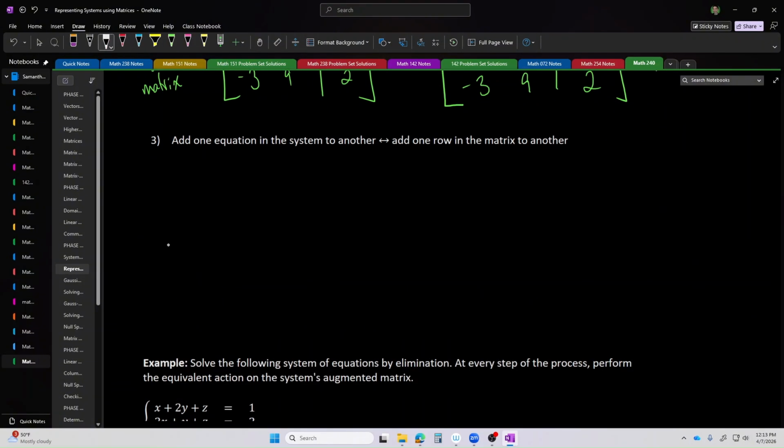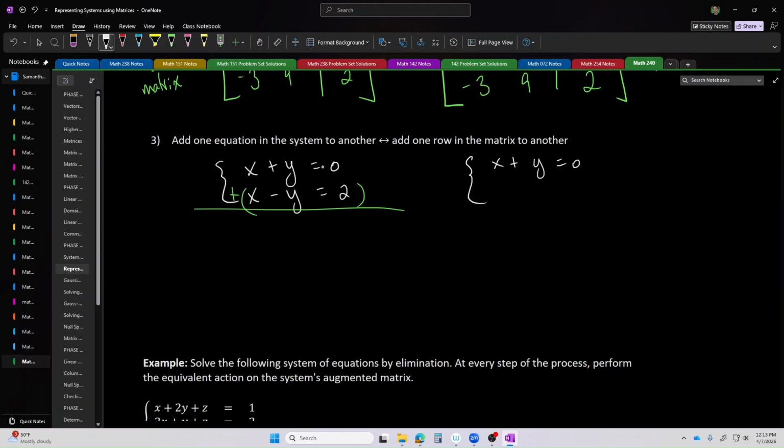So for example, if I had the system where it was x plus y equals 0, and x minus y equals 2, then the action I might reasonably take is to add these two equations together to cancel out the y's in the system. And so if I add the first equation down into the second, that would turn this second equation into 2x, the y's would cancel, and then I would get 0 plus 2 in the back.